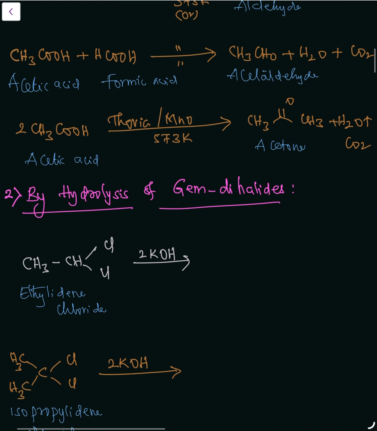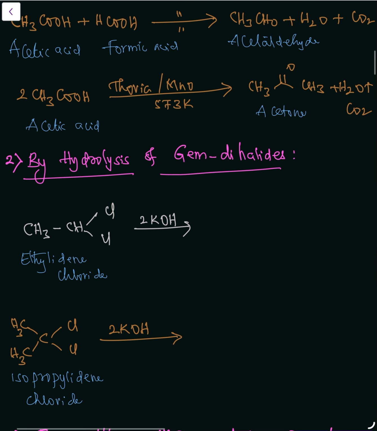Next, hydrolysis of gem dihalides. So gem dihalides on hydrolysis in the presence of potassium hydroxide will give dihydroxy compounds, that is CH3 CH OH OH. So this is highly unstable.